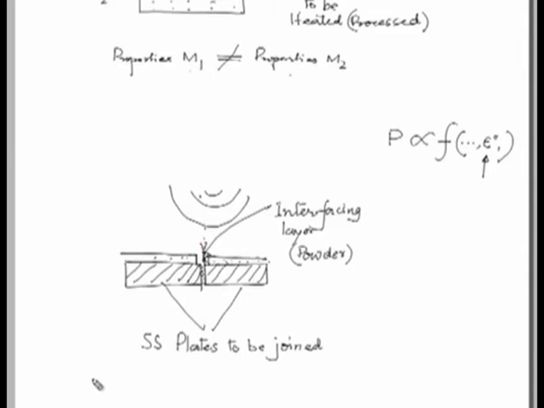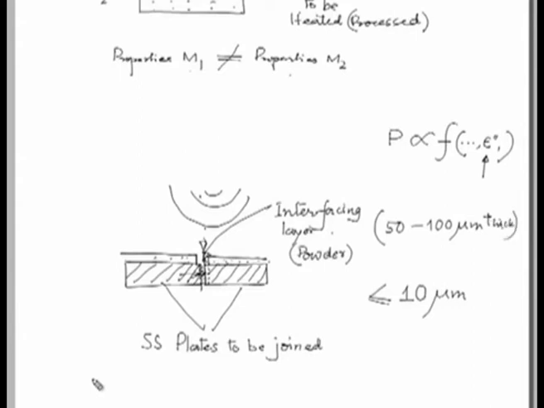Therefore, this layer will get heated up and melted, then the very nearby parent material will get melted, and there will be a bond formation between them. The distance of parent material that gets melted will be less than or equal to 10 micrometer only, and this interfacing layer will be something around 50 to 100 micrometer thick.